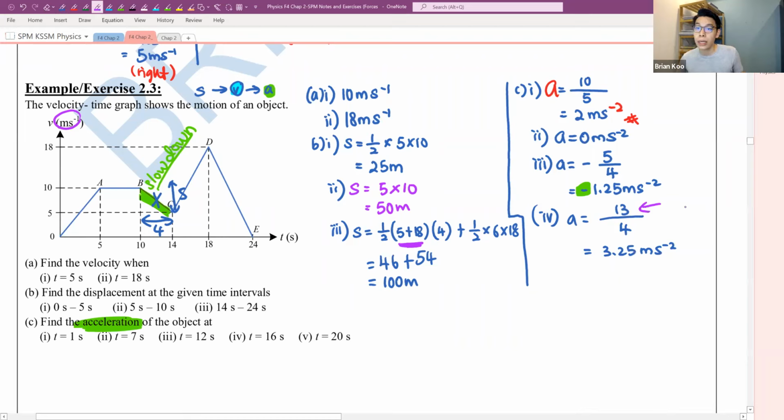I got 13 by doing 18 minus 5. I got 4 by doing 18 minus 14.